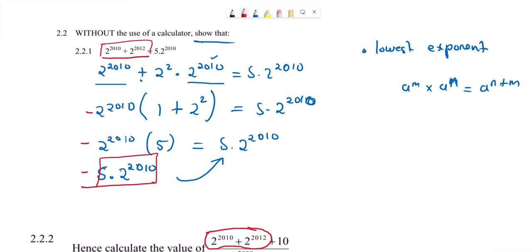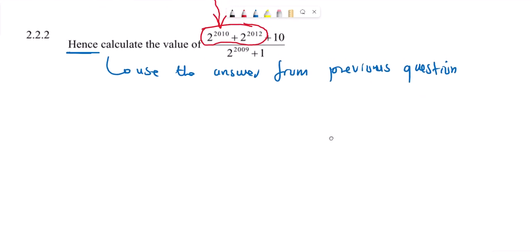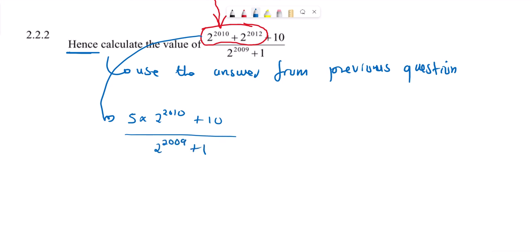So you can write this. Let's go ahead. So that will be 5 multiplied by 2 to the 2010, plus 10, all over 2 to the 2009 plus 1.